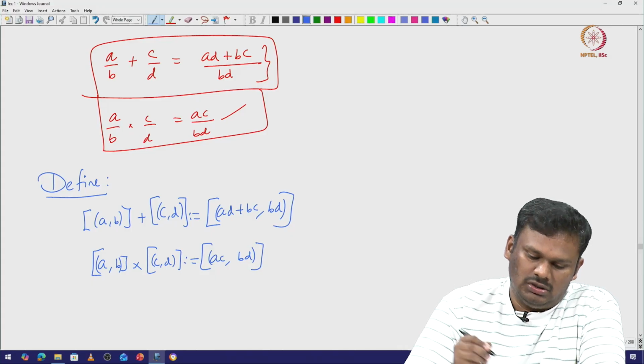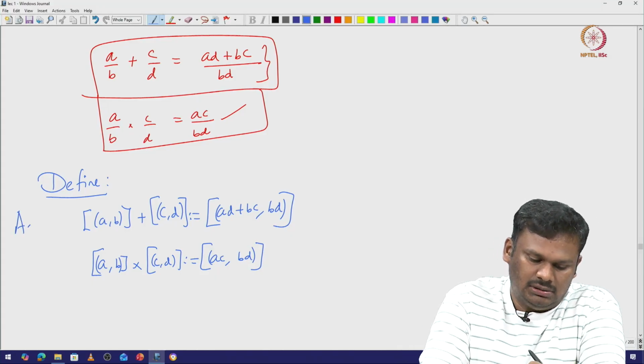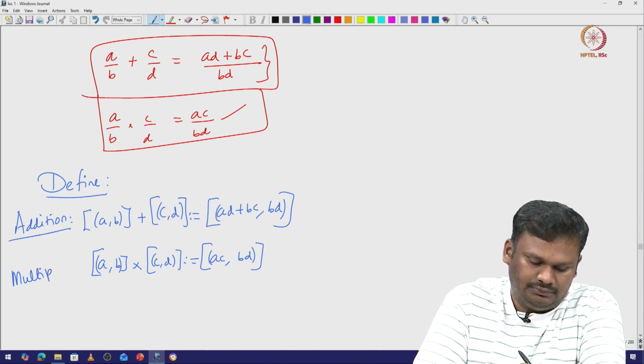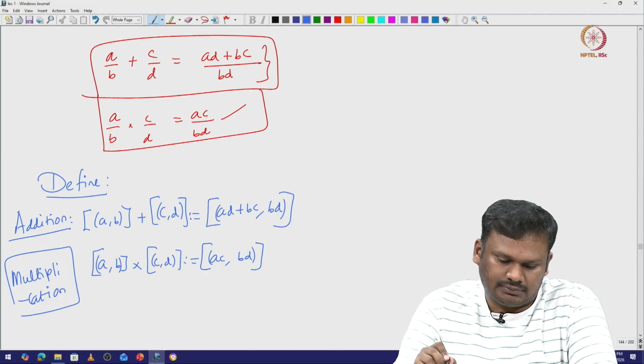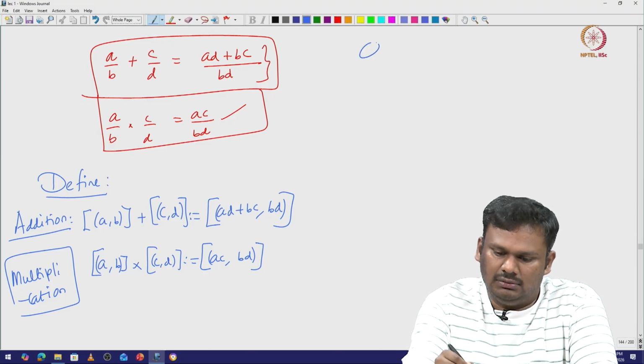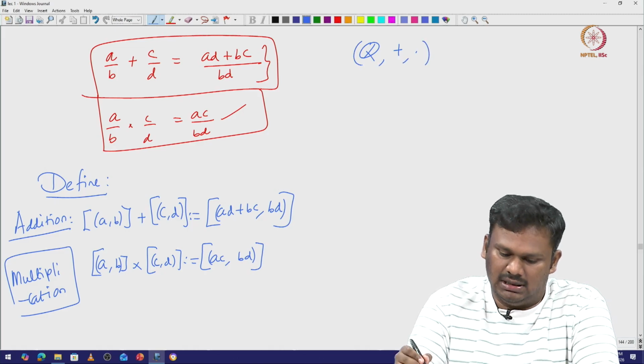Okay, so this is how the addition and multiplication are defined. So, this tells us that we have addition and multiplication on rational numbers.